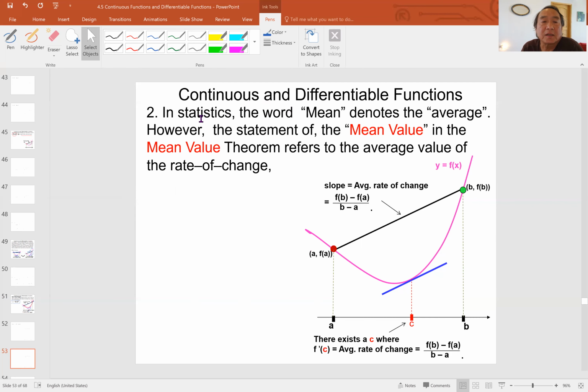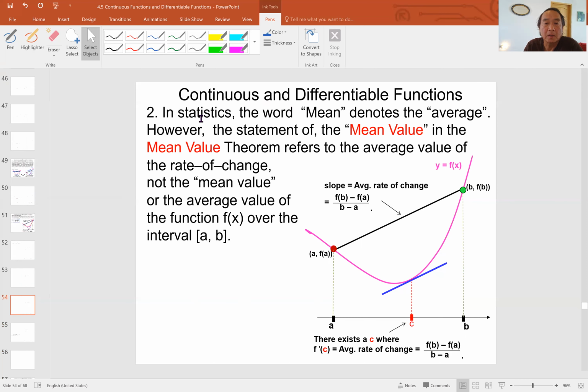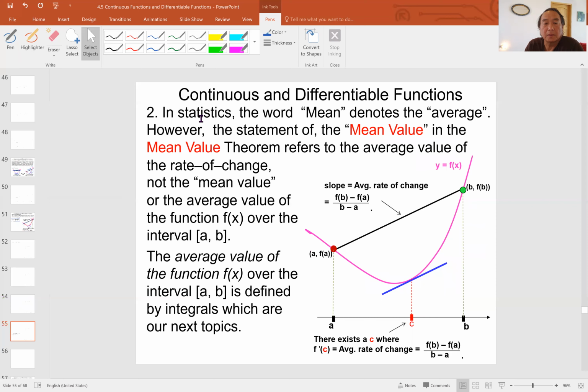So the mean refers to the average rate of change between A and B. Later on there will be something called the average value of the entire function, slightly different. So this over here is the average rate of change from A to B.